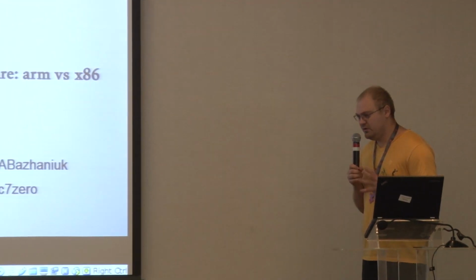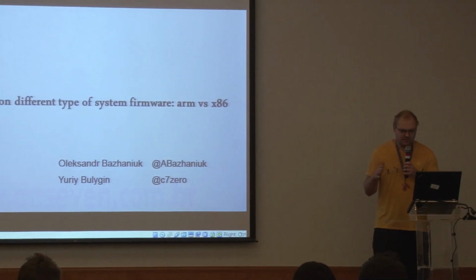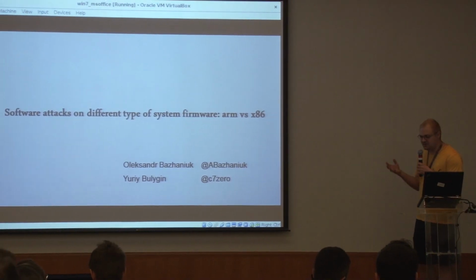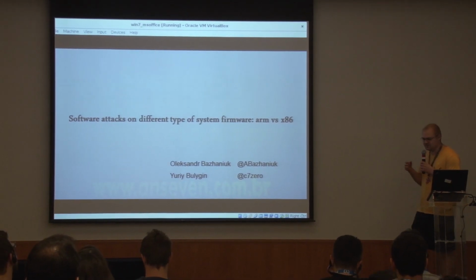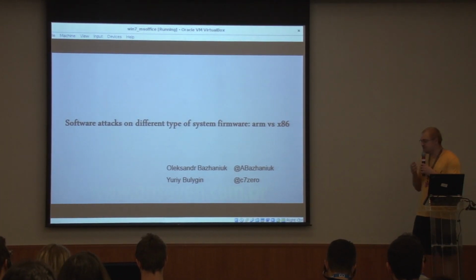Basically, after we published a bunch of research on x86 firmware attacks, we investigated ARM firmware and hypervisor attacks. We thought, let's combine this into one presentation and see where the methods are similar, what kind of vector is applicable just to x86, what kind of method is applicable just to ARM, and so on.